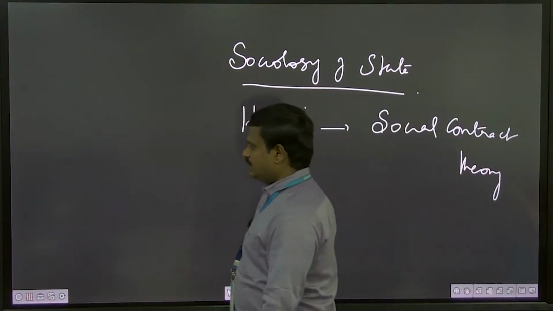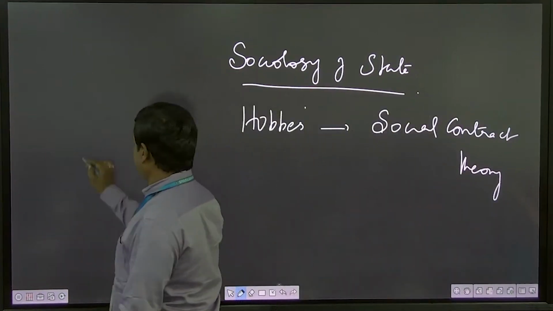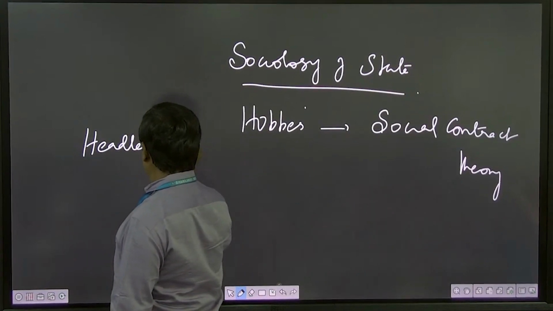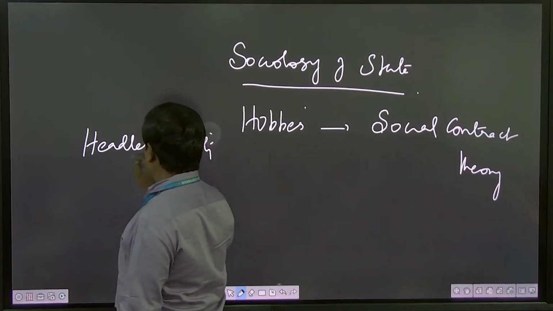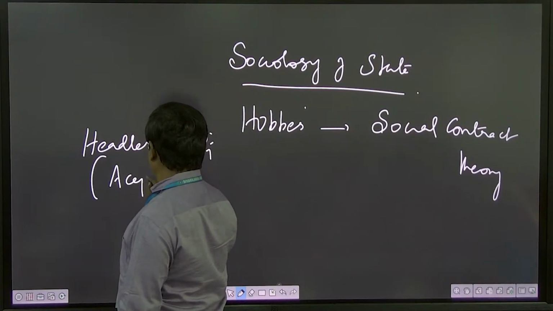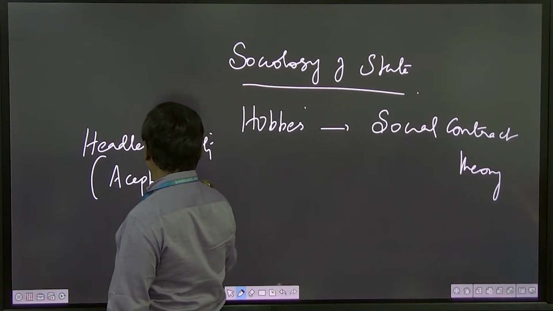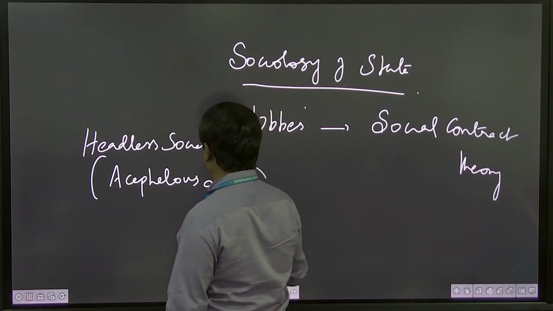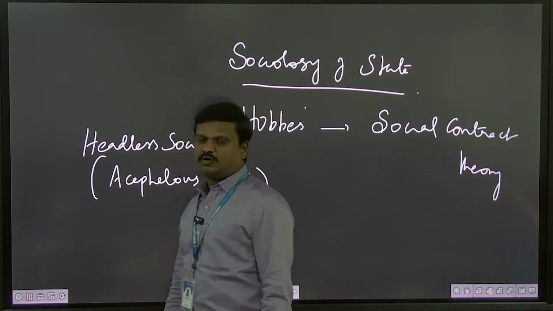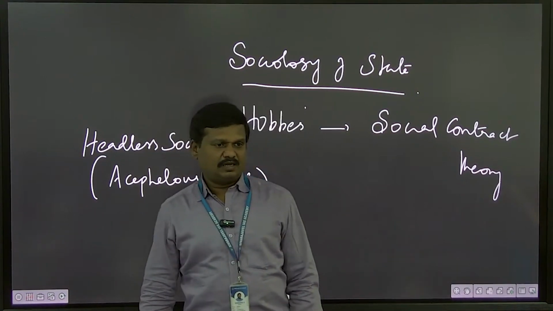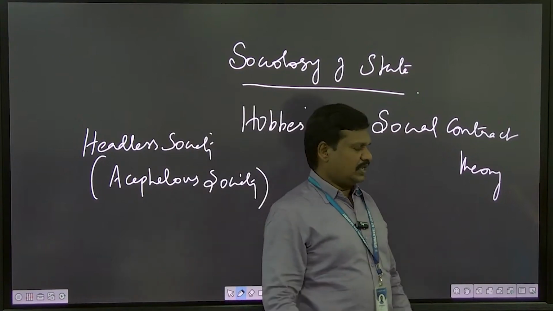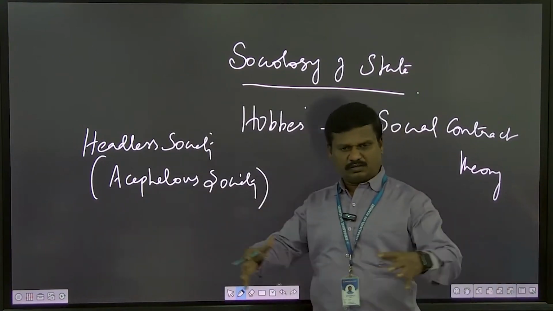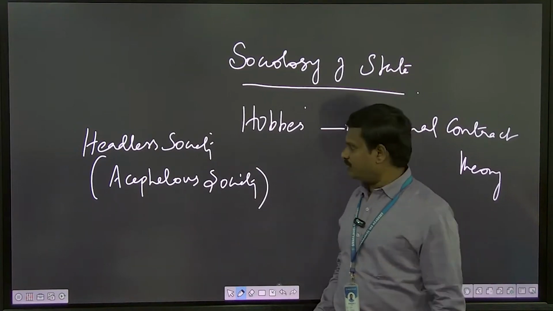Initially, society was a headless society. You call it as acephalous. Acephalous means no head, headless society. Nobody is the head. There are only people, nobody is the ruler, and nobody is ruled. There are only people in a group.